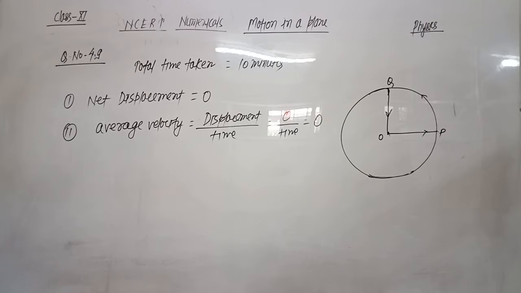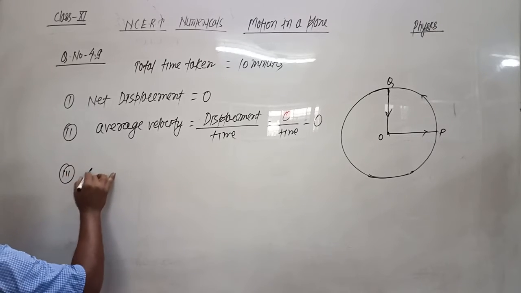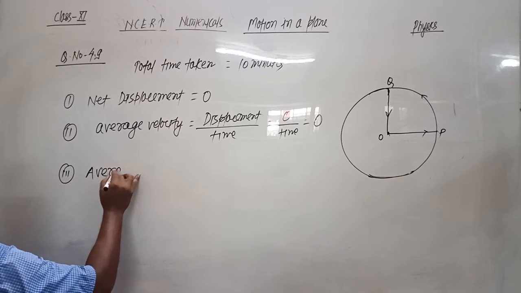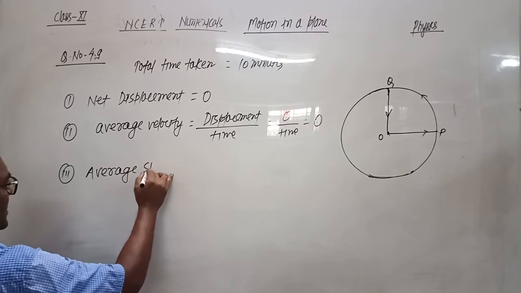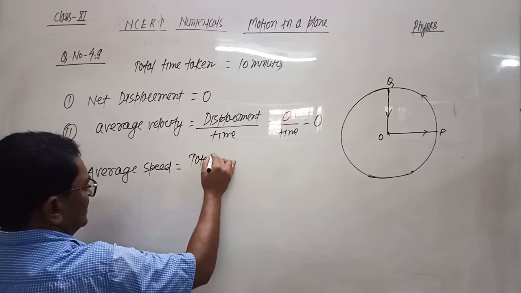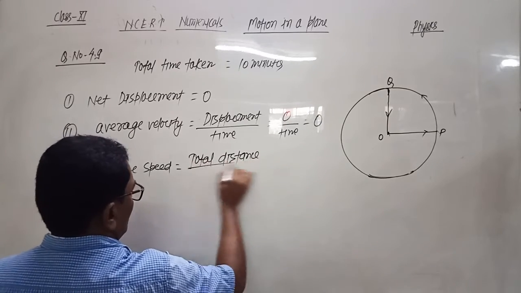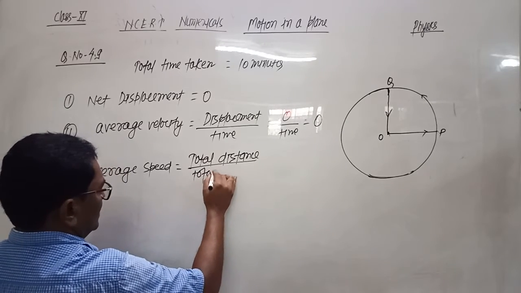Now we have to calculate the third part, the average speed of the cyclist. For finding the average speed, it equals total distance traveled upon total time taken.